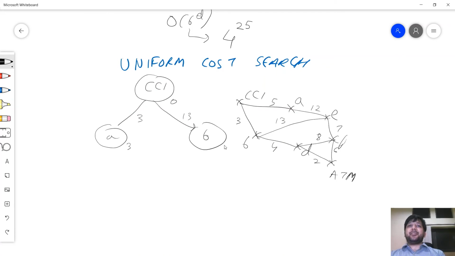So this becomes 3, this becomes 13, and so on and so forth. I won't do that for sure. And the name is go to A, and this is go to B. And similarly, you can have the tree search equivalent of it or the graph search equivalent of it.